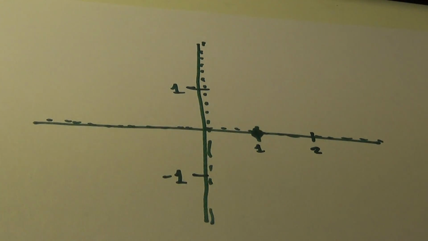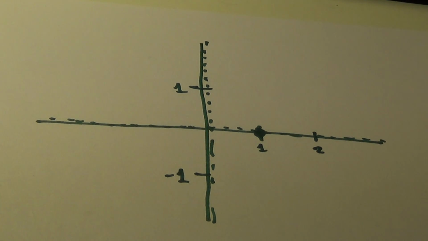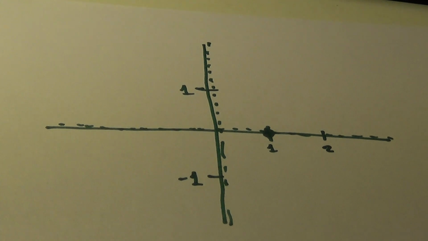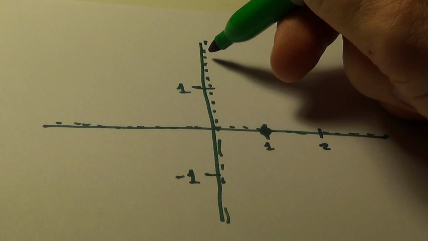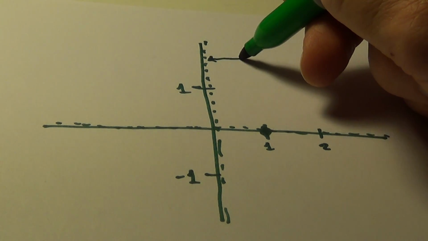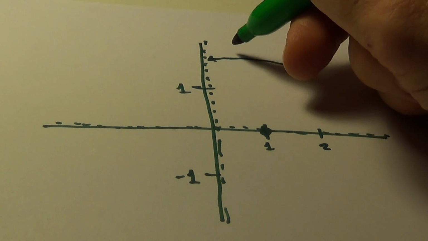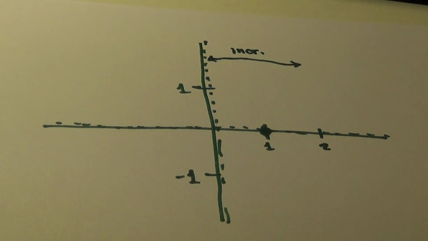All right, so from 0 to 2, we found out that it was increasing. So I'm going to indicate that just with some notes. Between 0 and 2, we're expecting it to increase. And the other segments, it was all decreasing.